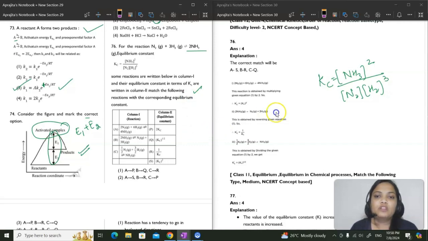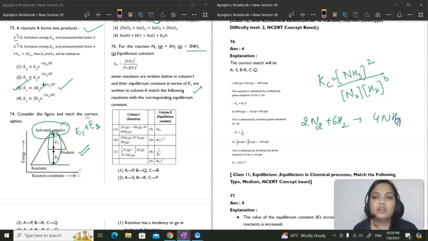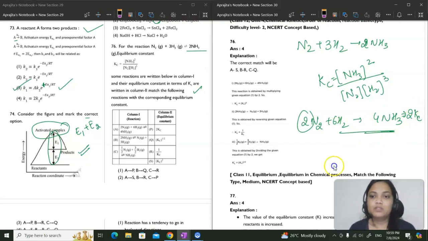For the first reaction, it's 2N2 plus 6H2 gives 4NH3. Clearly I can see that, compared to the normal reaction, the reaction has been multiplied with 2. So if the reaction has been multiplied with 2, the equilibrium constant will also be multiplied with 2. So it becomes 2 Kc.